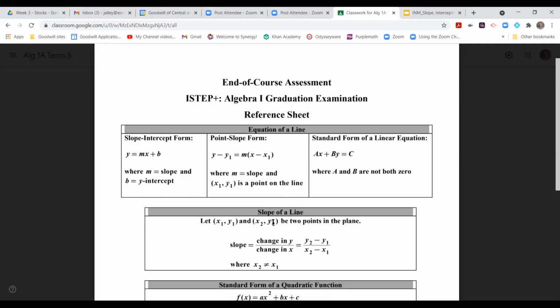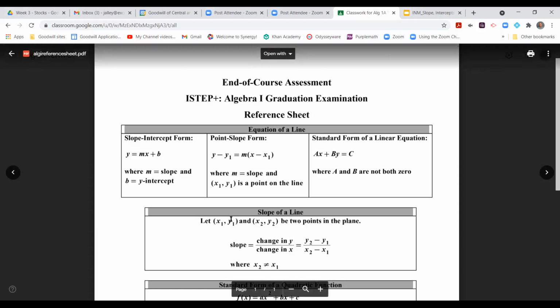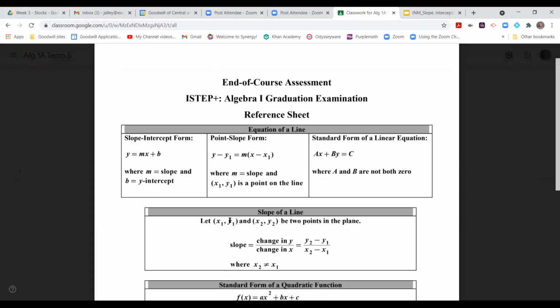These are there only to identify a specific value from a point. So x1, y1 is the ordered pair for 1 point. x2, y2 is the ordered pair for another point. If you had 3 points, you do x3, y3. If you had 4 points, you do x4, y4.